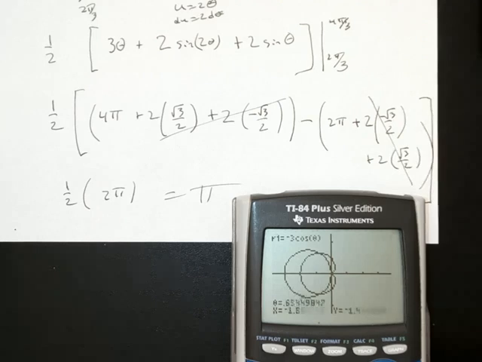Notice that for me to get to the origin, my theta value is pi over 2. Switch to the cardioid. For me to get to the origin, my theta value is 0. So technically, while both of those points touch the origin, they don't do it at the same time.